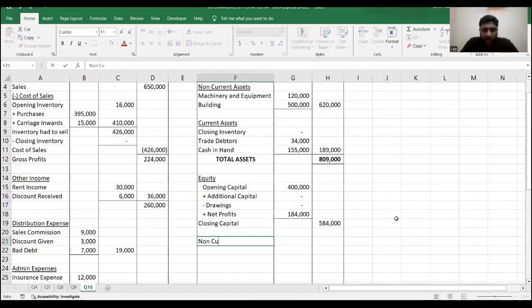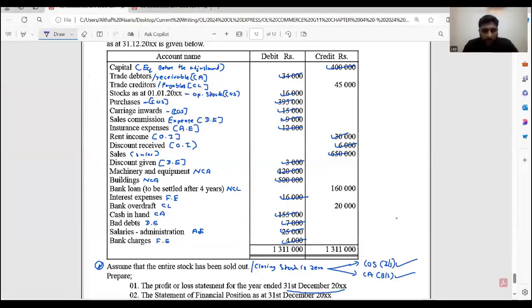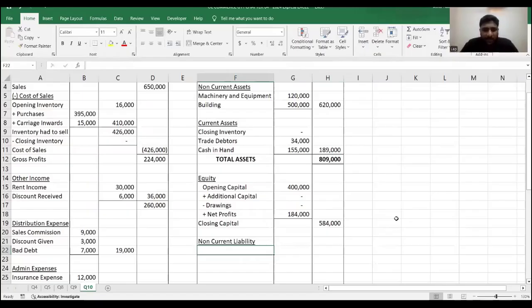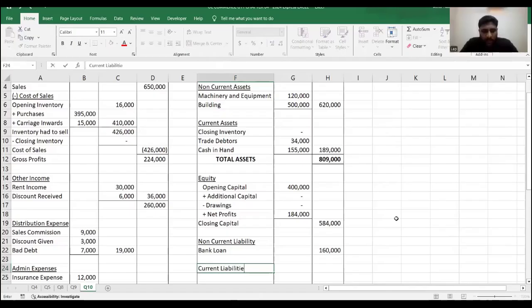Now non-current liability. So non-current liability is what we have in this question. A bank loan is there 160,000. Then current liabilities.